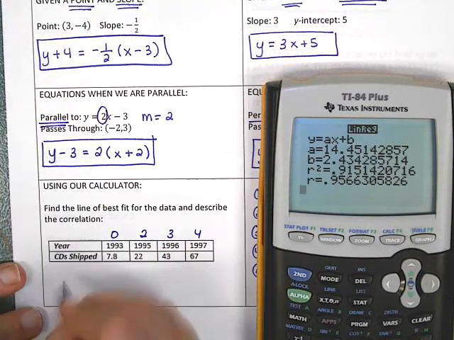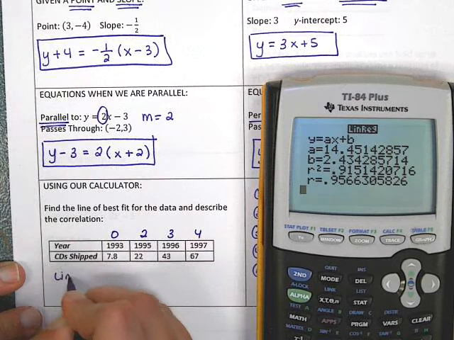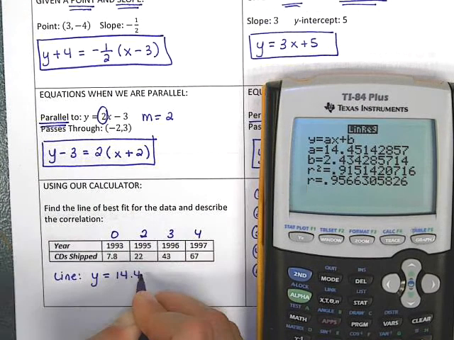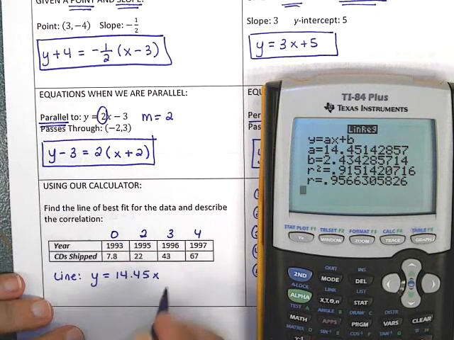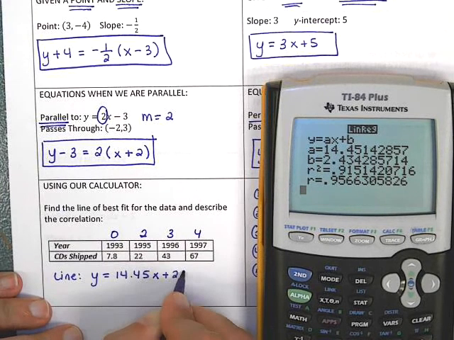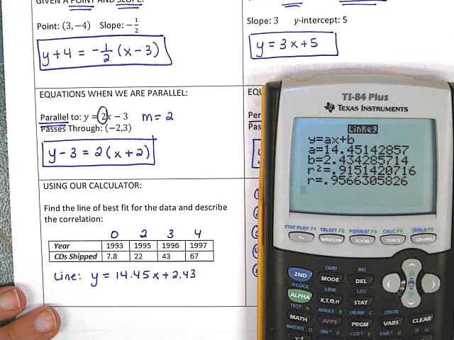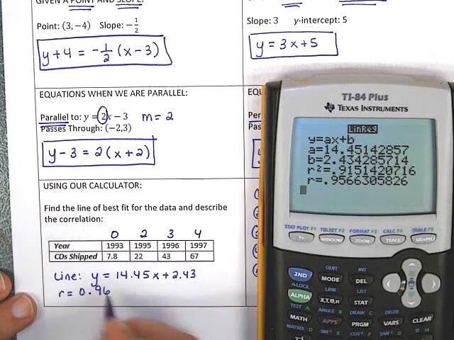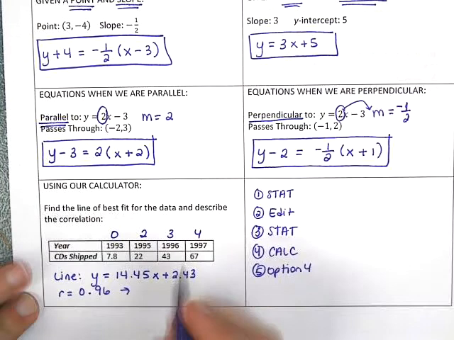Now based on that, I would say that my line of best fit would be y equals 14.45x plus 2.43. Now I notice that my R value is 0.96, so that would be a strong positive correlation.